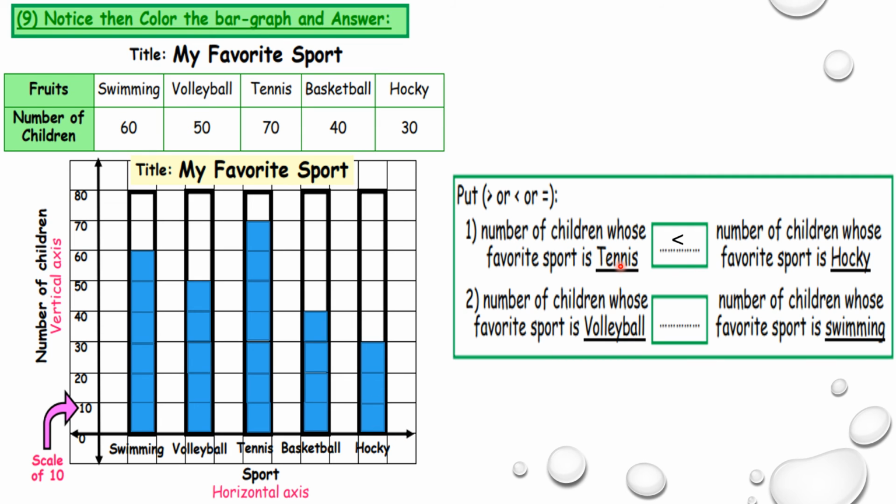So I put here greater than. And the number of children who like volleyball, I want to compare it with the number of children who like to swim. Swimming looks like it's greater than volleyball. Volleyball is less than swimming, so I put here less than.